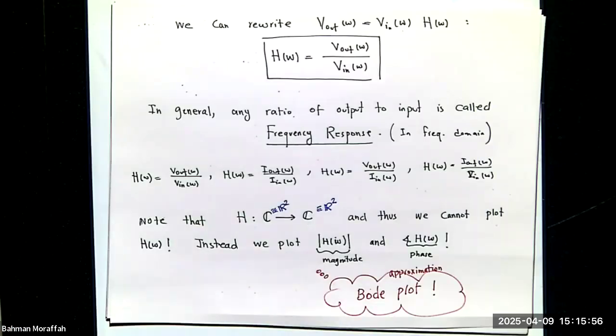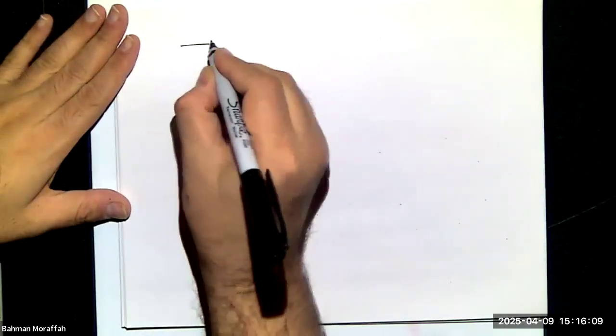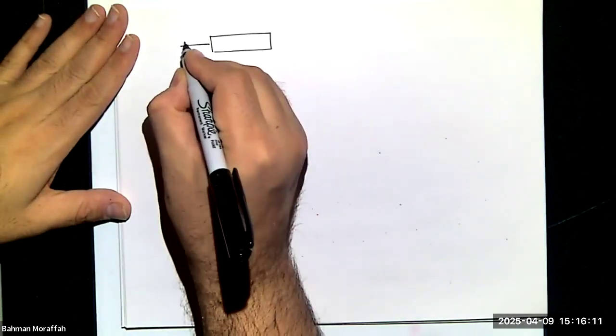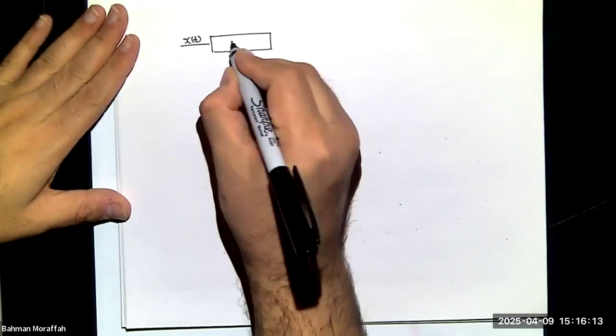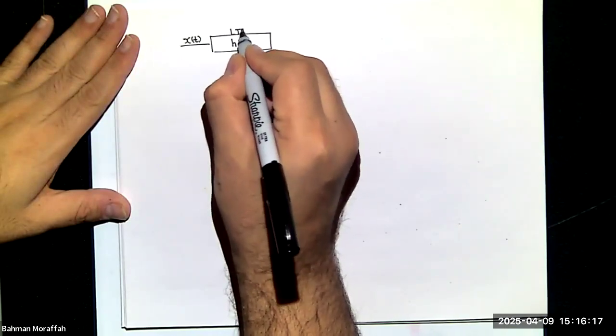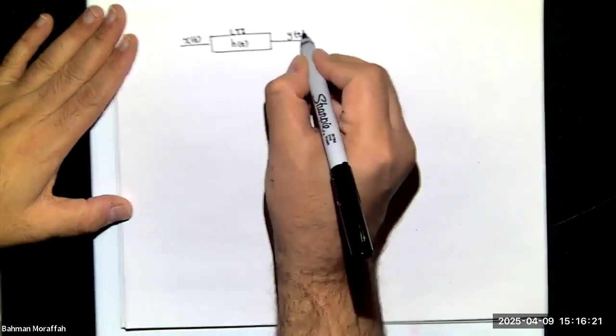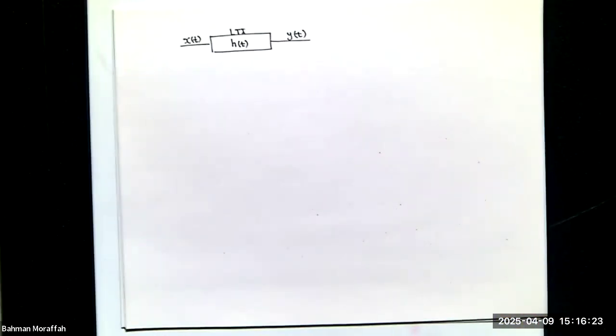But let's look at this H of omega and try to understand it a little better. So let's say again, I have my system over here with input x of t, the system h of t. Let's just assume it's LTI. I get some output y of t.